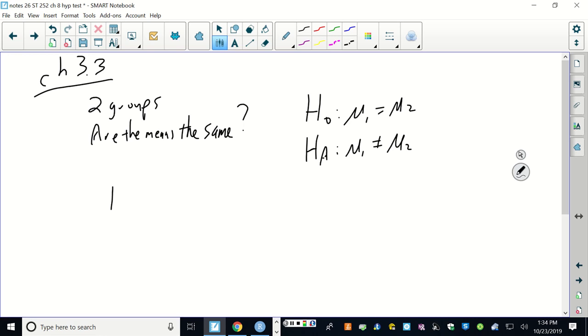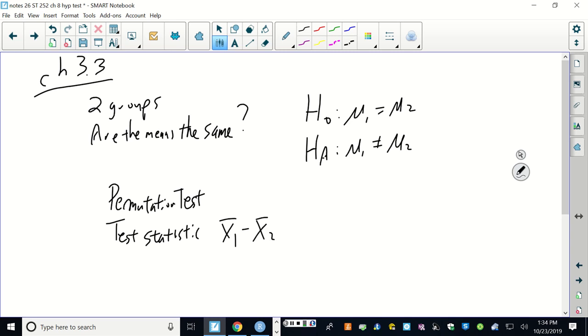And then we did a permutation test, where we randomly flipped some data from one group to the other, and our test statistic was the x bar for one group minus the x bar for the other group. We would observe a value that wouldn't be 0. The null implies that the difference is 0, versus the alternative, which implies that the difference is not equal to 0.